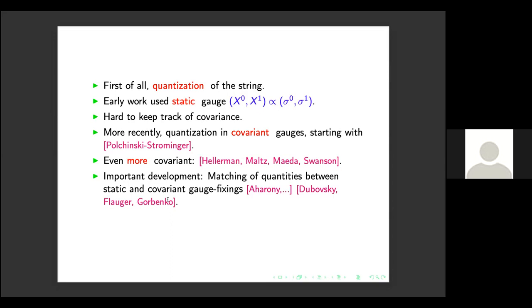One important development was the confirmation that effective string theory in arbitrary d dimensions gives the same results regardless of which of these formalisms you use, as you would expect. But it took quite a long time and a lot of work to confirm that, and some heroic people, mostly at Weizmann and NYU, did all that.